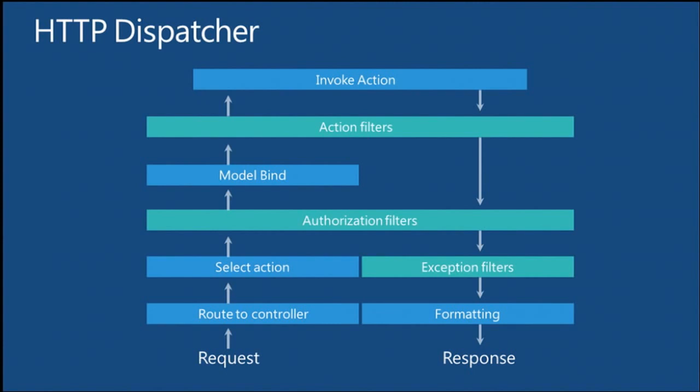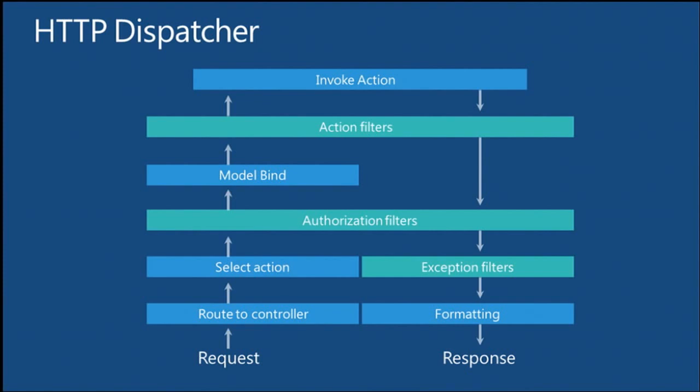And then we run the authorization filters to see if the request is authorized. The way security works in Web API is that, in general, we honor the Thread.CurrentPrincipal. So as long as the Thread.CurrentPrincipal is correctly set up, then we will use that. So in your authorization filter, you can look at Thread.CurrentPrincipal. We then model bind the data to your action parameters. We call your action filters, invoke the action, and then unravel.